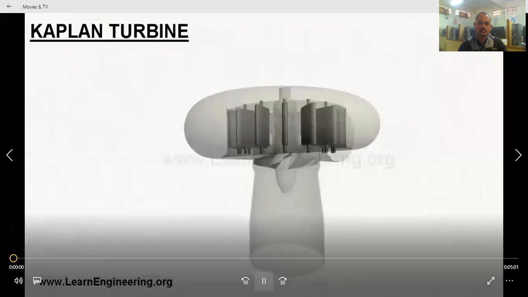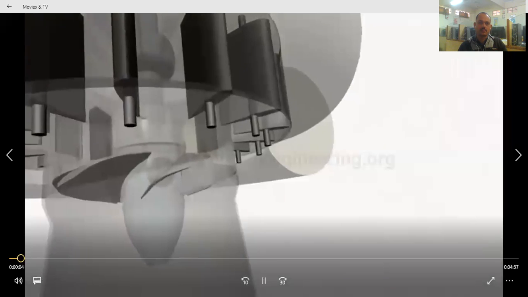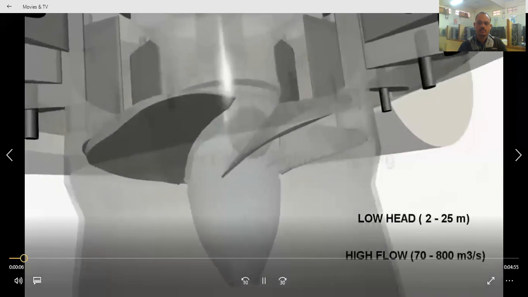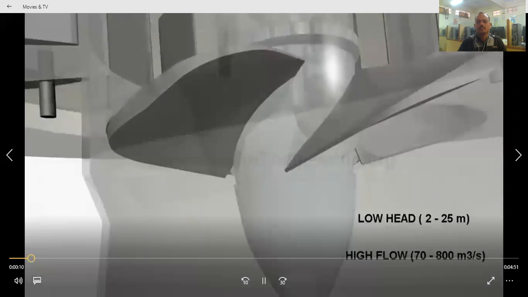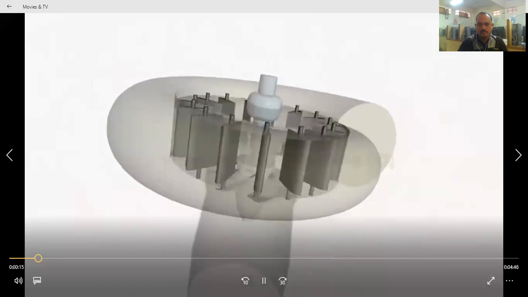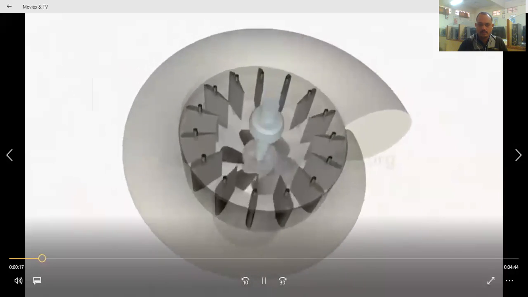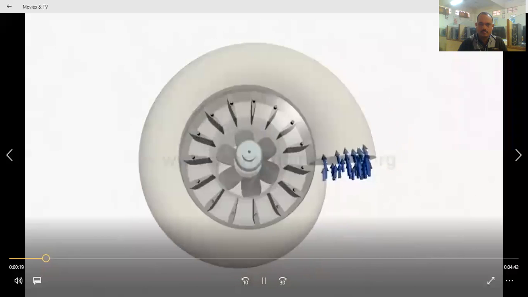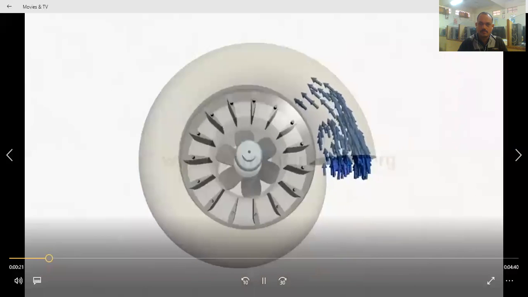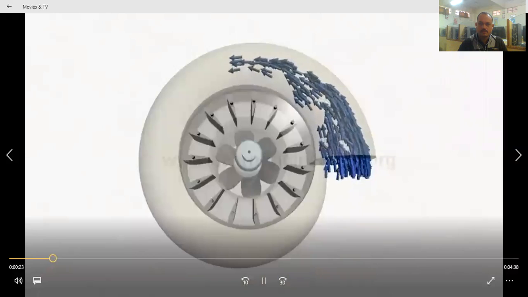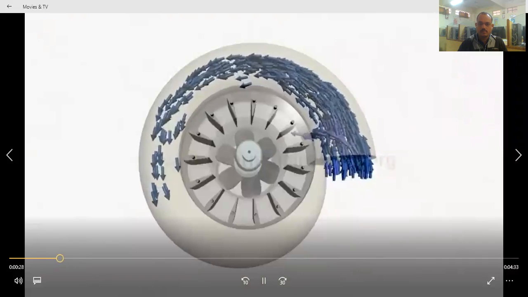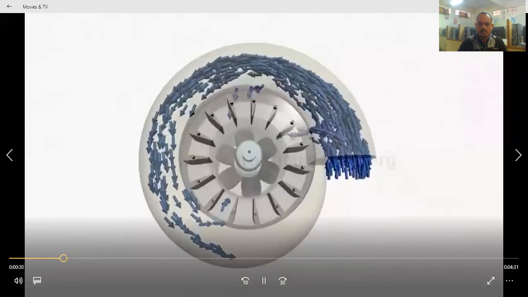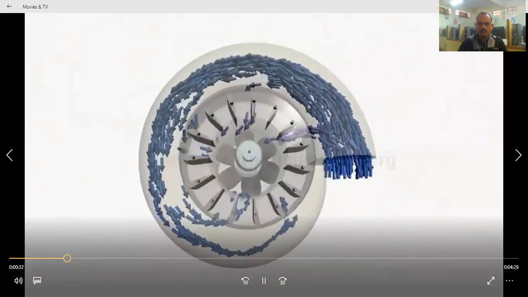Kaplan turbines are suitable for power extraction when water energy is available at low head and high flow rate, which means they are suitable for operation when water is stored in a big reservoir at a relatively shallow altitude. In Kaplan turbine, flow is entered through a spiral casing. Decreasing area of casing makes sure that flow is entered to the central portion, almost at uniform velocity, throughout the perimeter.